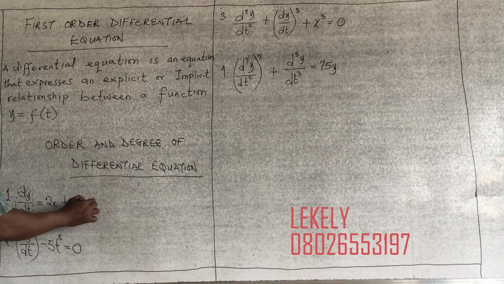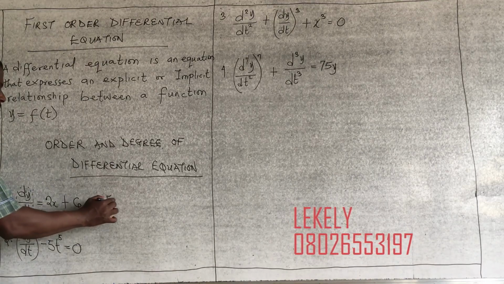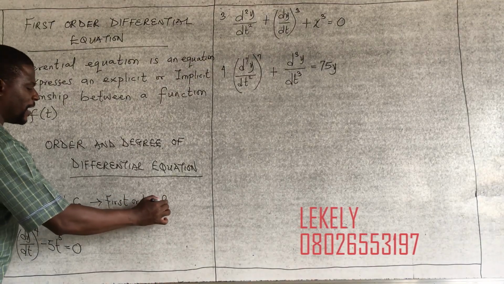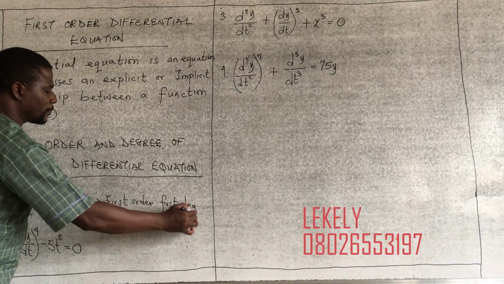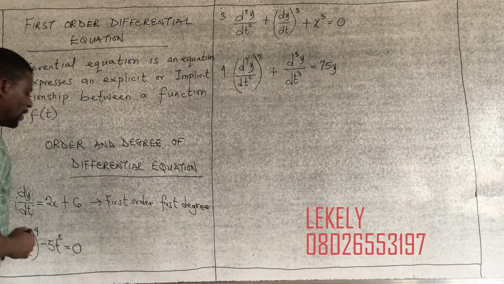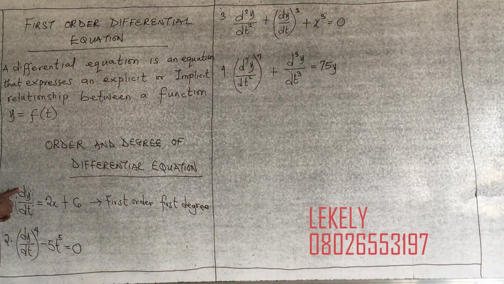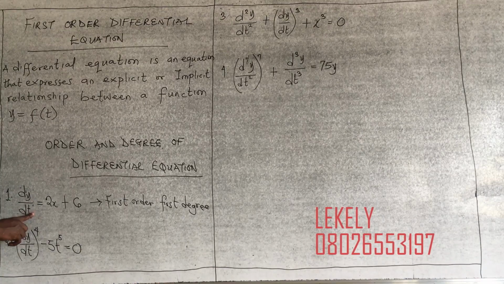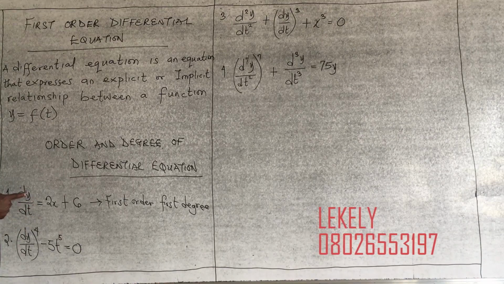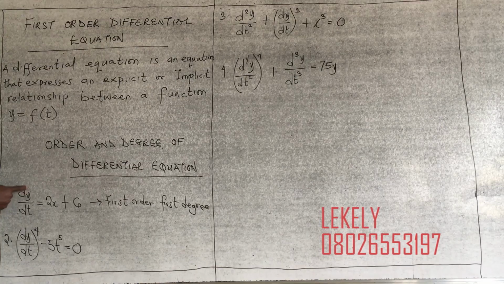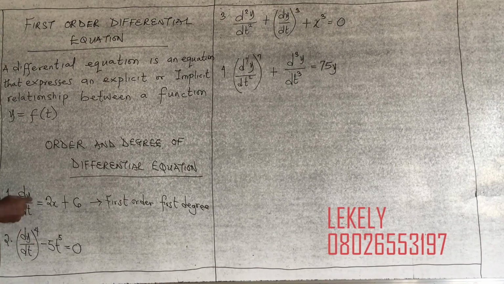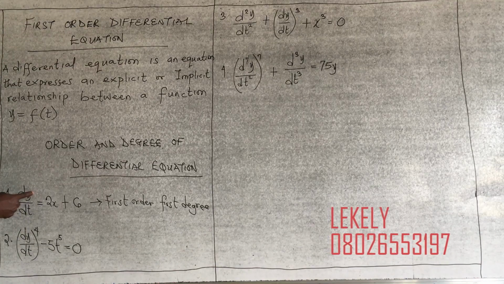So this one is first order, first degree. Now, why is it first order? It is first order because that dy dt carries no power. It's like saying raised to power 1. And then if you open brackets, it's also raised to power 1.